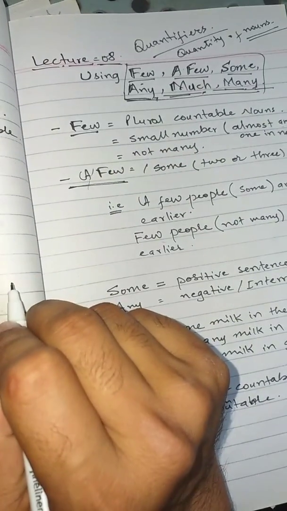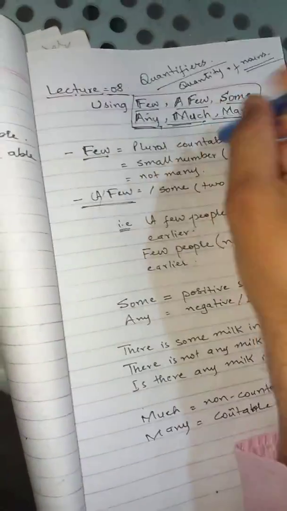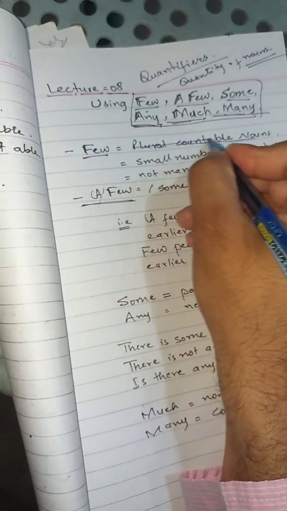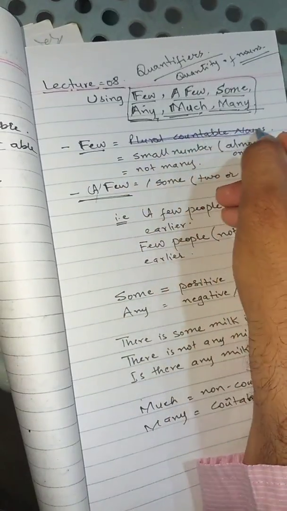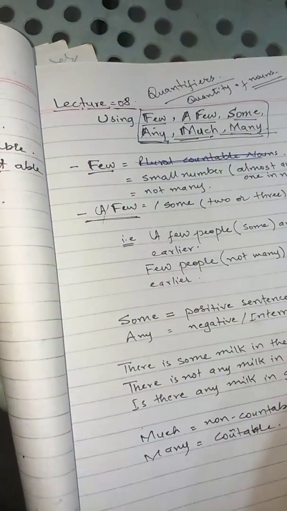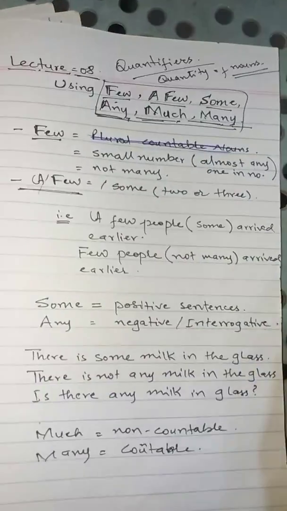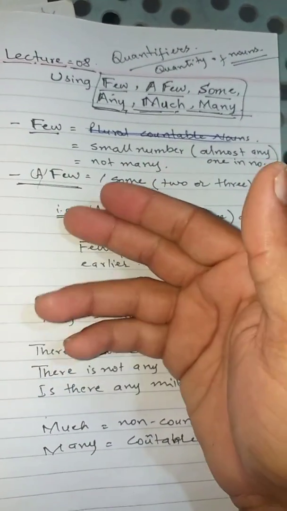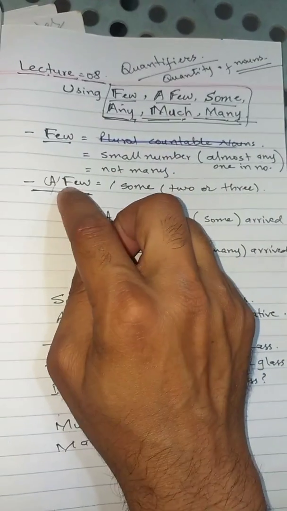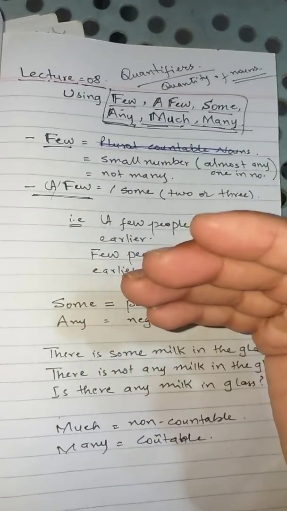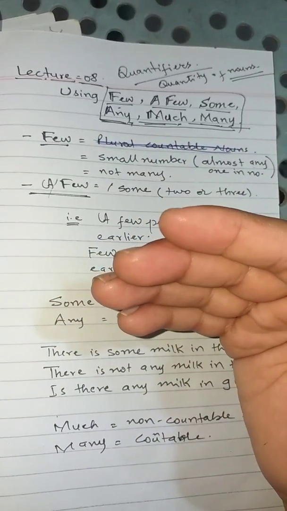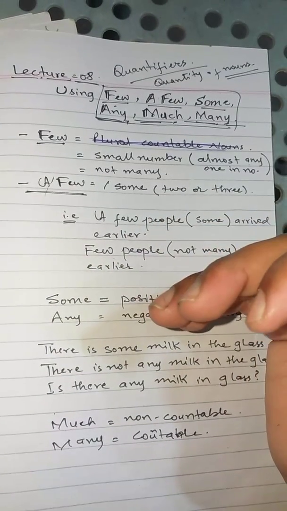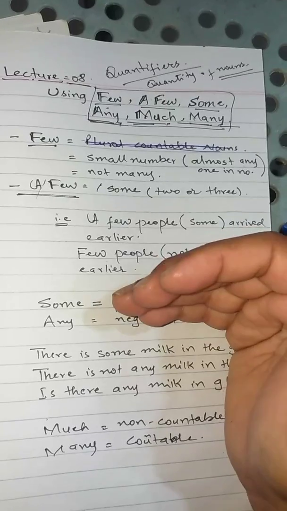People, you are accountable. Do not go into these typical things. Just learn the use of these things, in which sentences you can use these quantifiers, and make your paragraph and your writing more attractive, more likable, more readable.